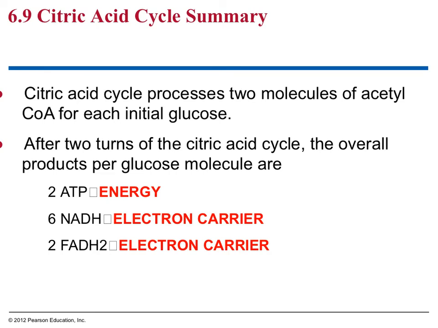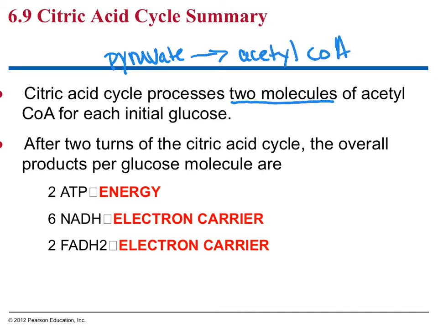So at the end, just kind of as a summary, the citric acid cycle processes 2 molecules of acetyl coenzyme A, right? So remember that pyruvate got converted to acetyl coenzyme A. But 2 molecules of pyruvate got converted to 2 acetyl coenzyme A. So the citric acid cycle processes 2 molecules of acetyl coenzyme A for each molecule of glucose.